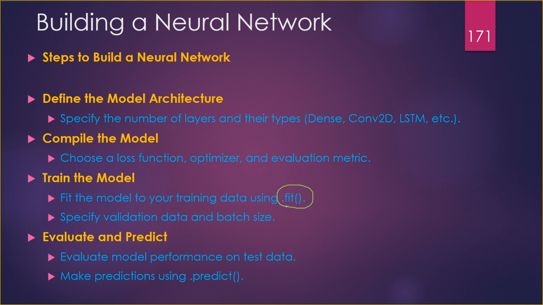During training the model, we can also specify the validation data, the validation set, just as we have seen last day. And also we can say the batch size. What does it mean? This part is new, batch size.